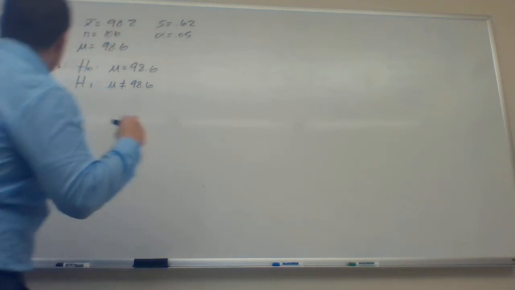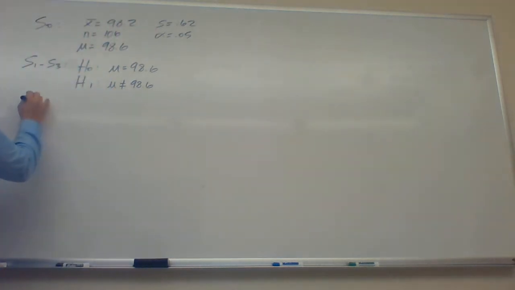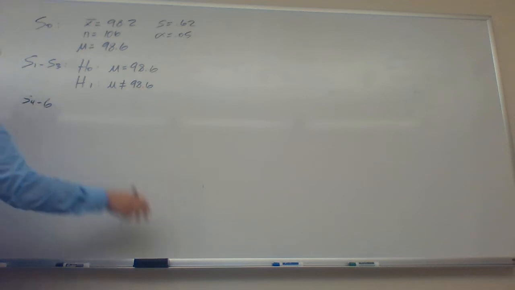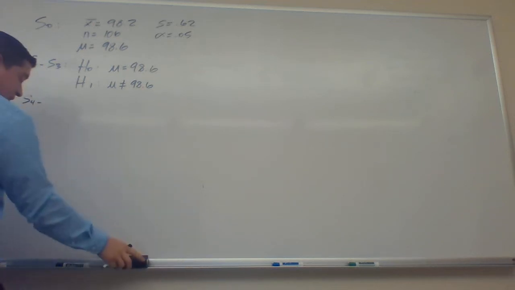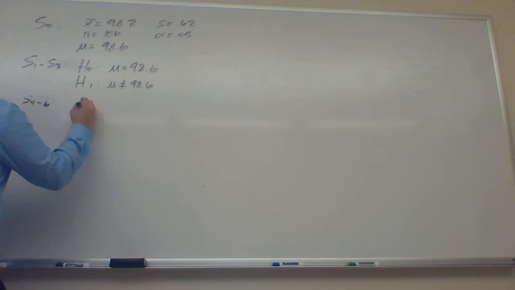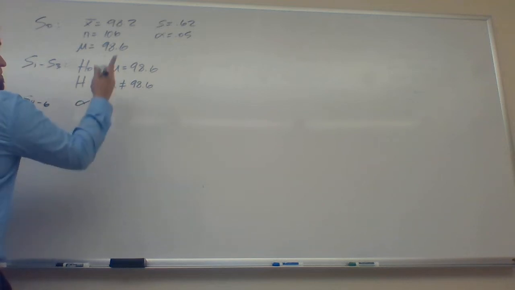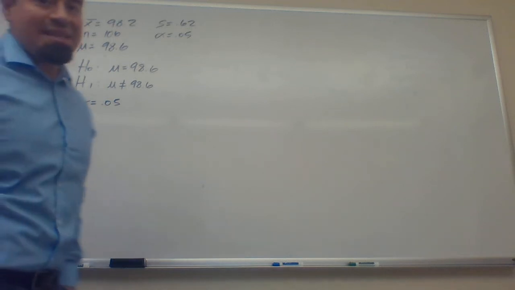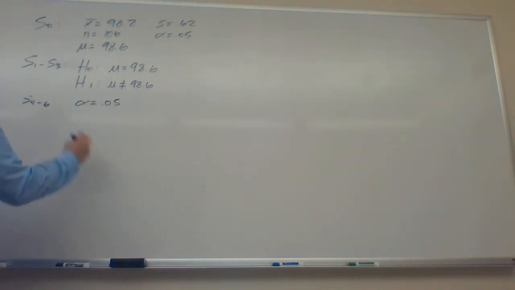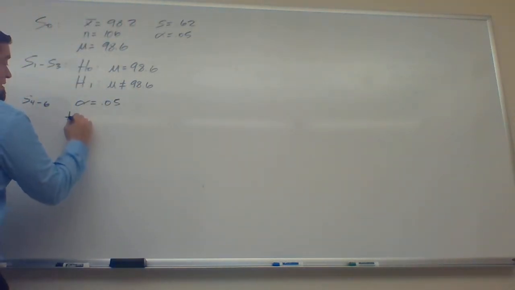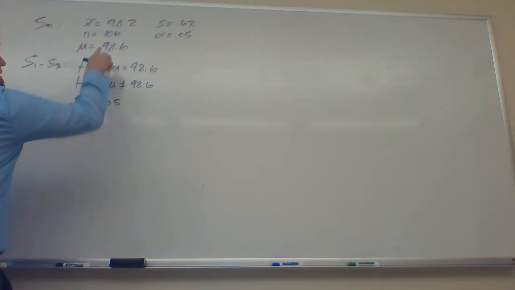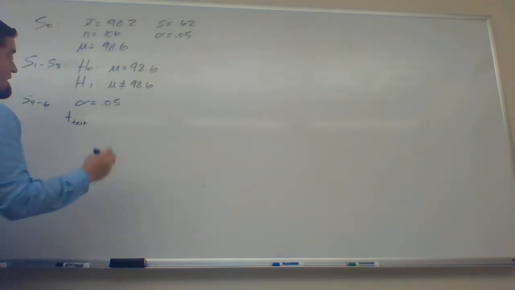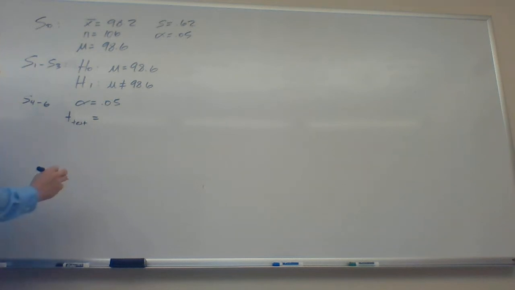So we're going to go ahead and calculate steps 4 through 6, which step 4 would be determine the alpha, 0.05. Step 5, determine the test statistic, which the appropriate test statistic here is, because we have X bar and S, we're going to use t-test.